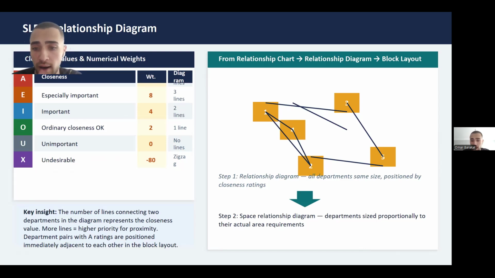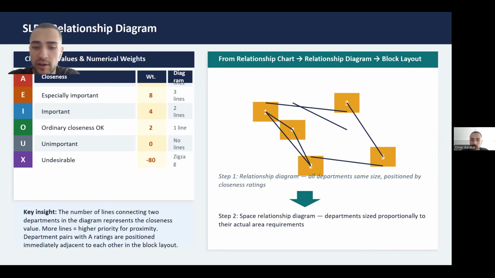Two for I, one for O. No lines for U. And a zigzag line for X, which is undesirable. These closeness values also carry numerical weights, which are shown here. The large negative weight for X is intentional. An undesirable adjacency should actively penalize any layout that creates it.